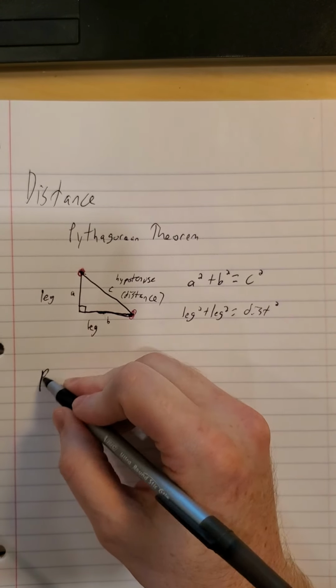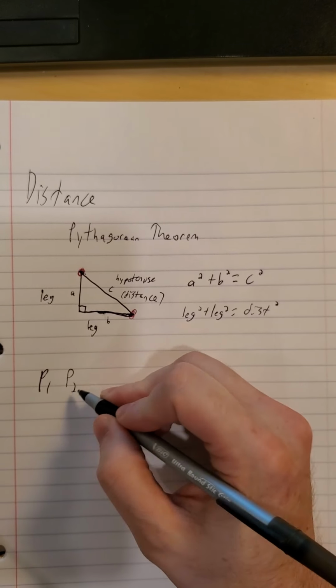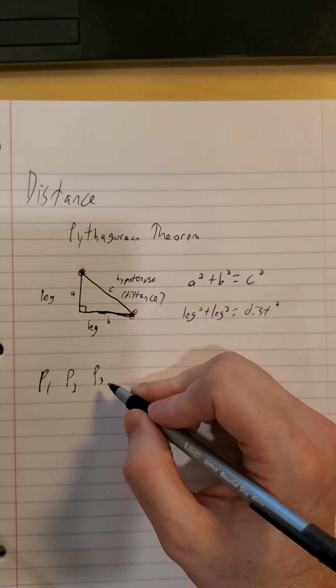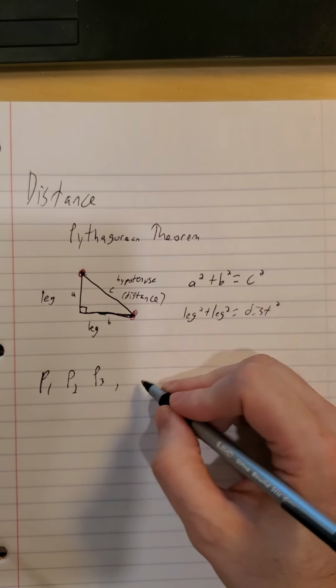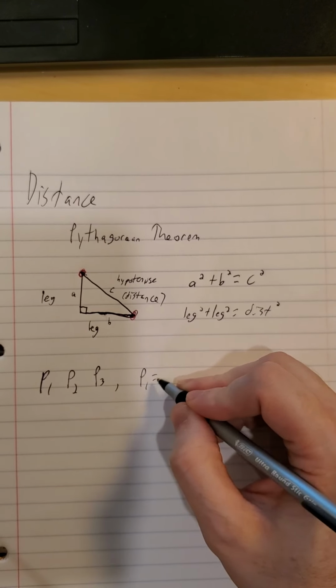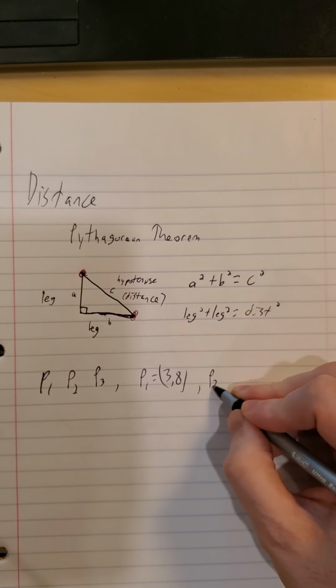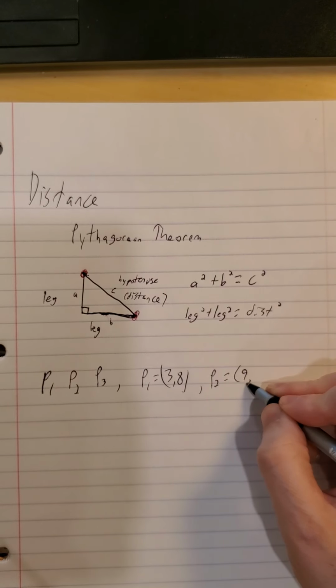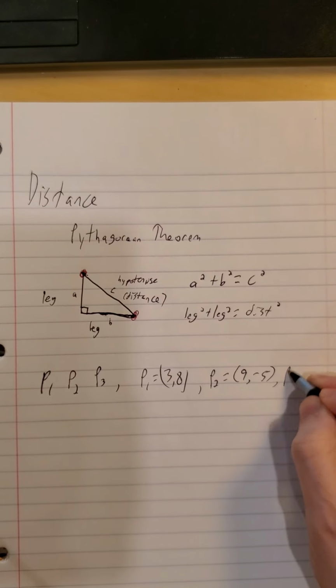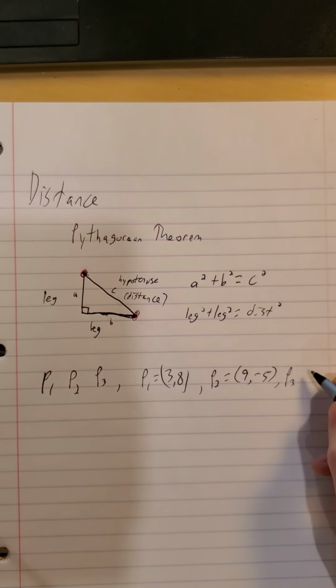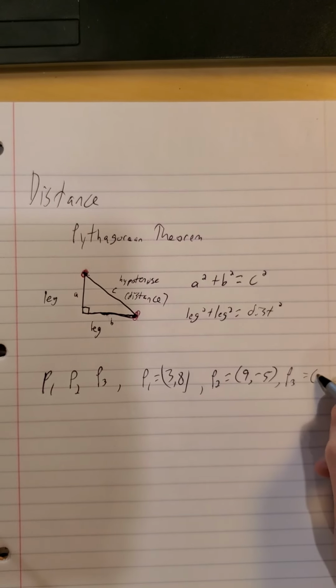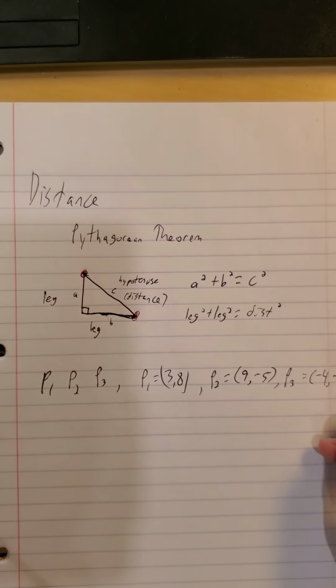So let's consider point 1, point 2, and point 3, given point 1 is (3, 8), point 2 is (9, -5), and point 3 is (-4, -11).